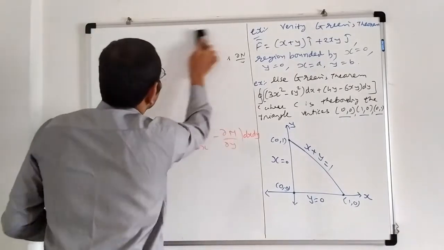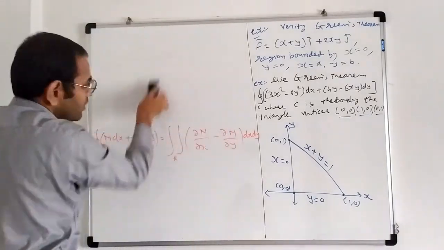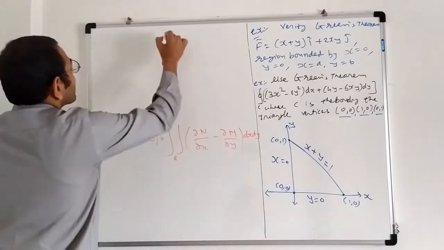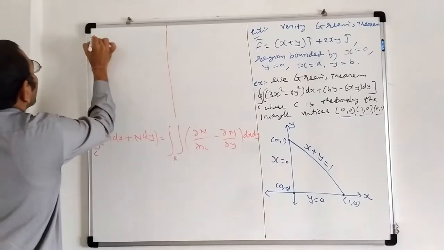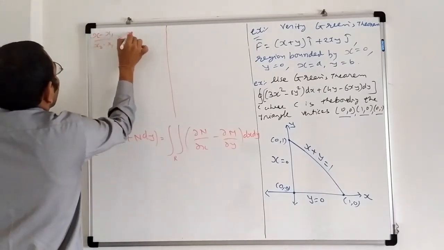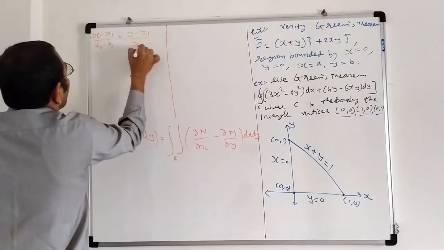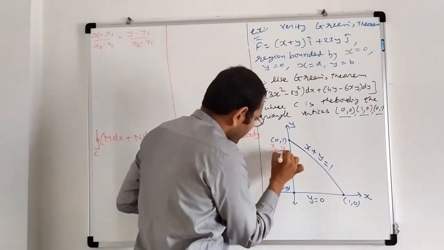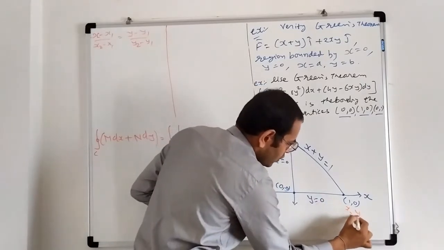That is (x minus x1) upon (x2 minus x1) equals (y minus y1) upon (y2 minus y1). That is our x1, y1, that is our x2, y2.